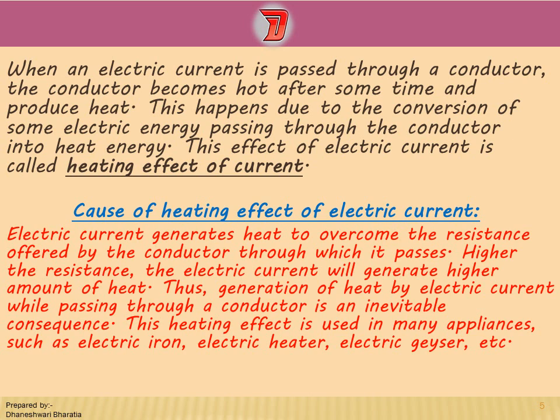Thus generation of heat by electric current while passing through a conductor is an inevitable consequence. Inevitable means you cannot omit it. This heating effect is used in many appliances like electric iron, heater, geyser, etc. Please learn this, because the definition also is important, okay, and the examples also. Fine, let us move further.